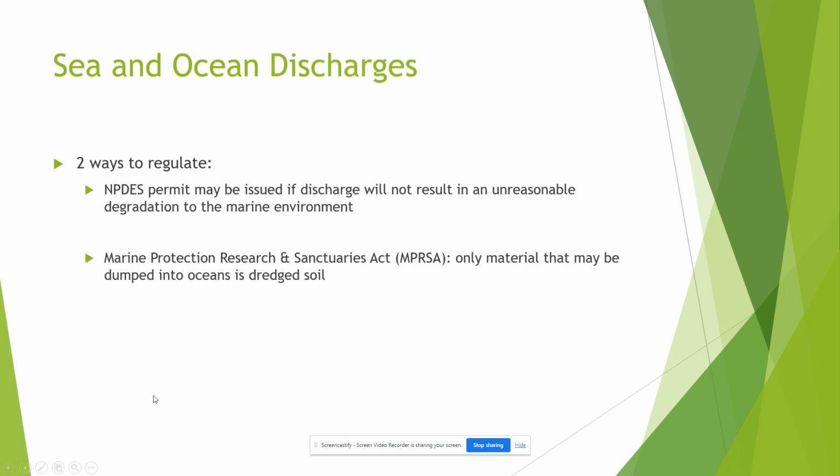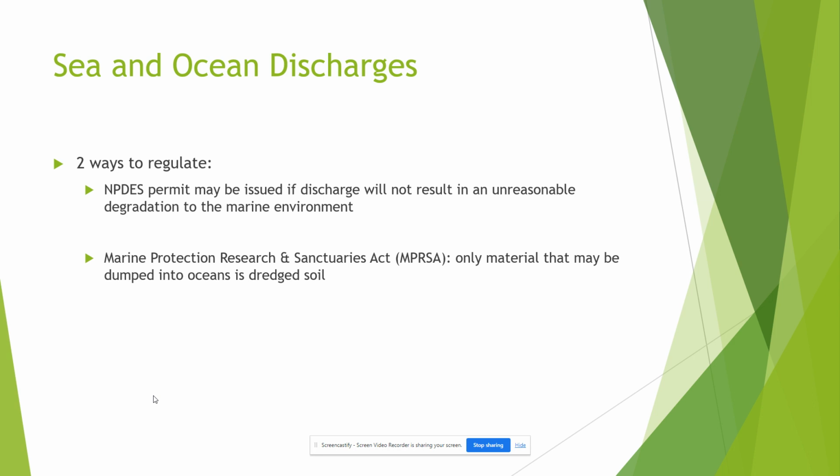So sea and ocean discharges are usually not governed by the Clean Water Act. You're really not supposed to discharge into the sea and the ocean. Now, we're talking about anti-degradation policies.